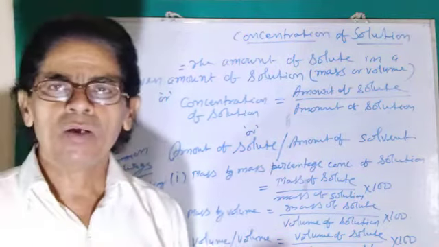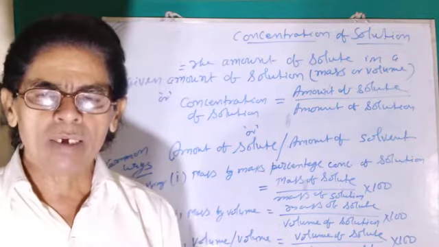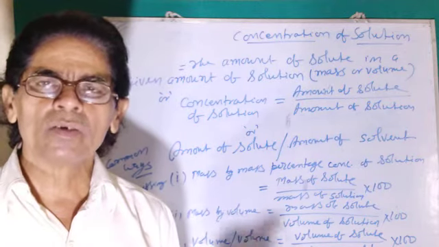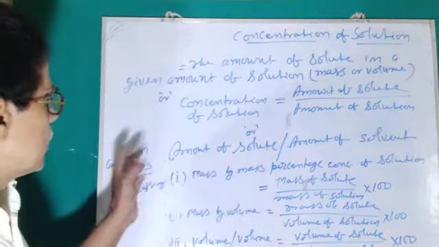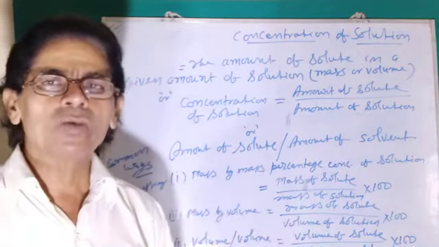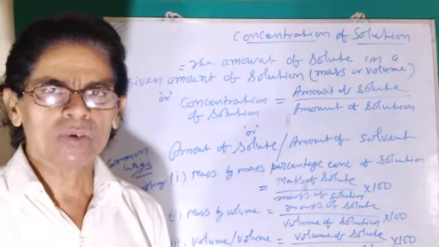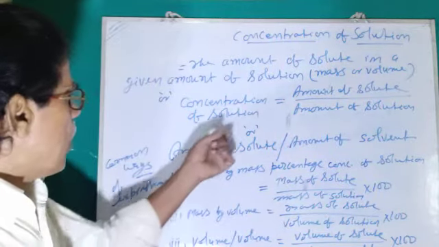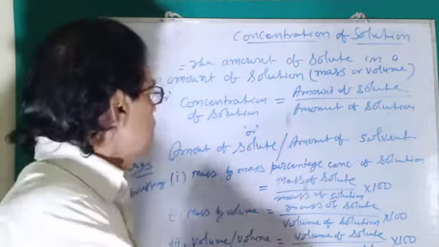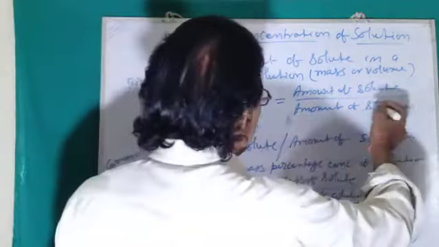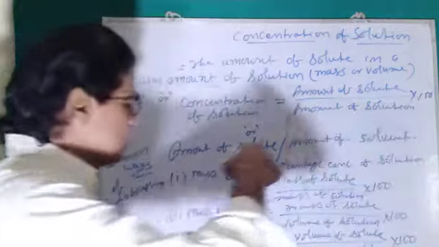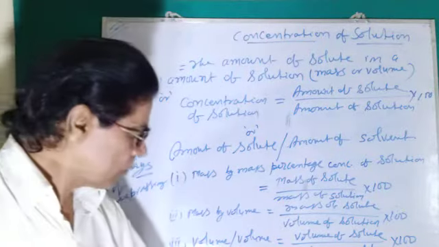But if we want to express the concentration in 100 parts of the solution, then it is percentage concentration. So percentage concentration means the amount of solute present in 100 parts of the solution, that is, amount of solute by amount of solution into 100. This is called percentage concentration.